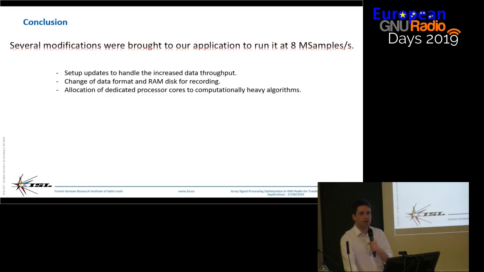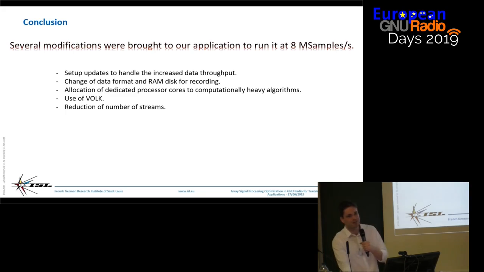We also allocated dedicated processor cores to our most computationally heavy algorithms to make sure there would always be a thread safe when they needed to execute. We used Volk as much as we could to save time during processing and reduce the number of streams between our blocks, even though that could seem tempting at first because of its ease of implementation.